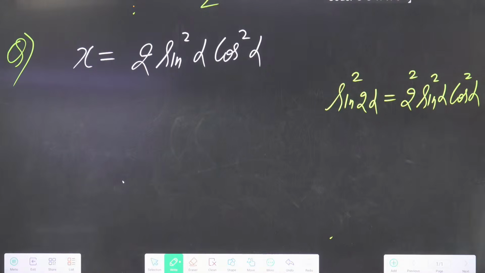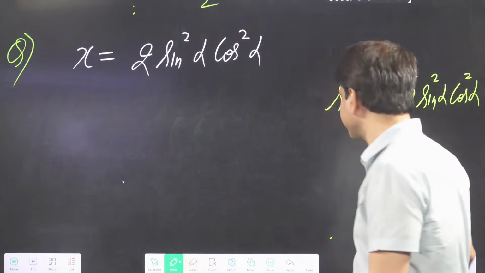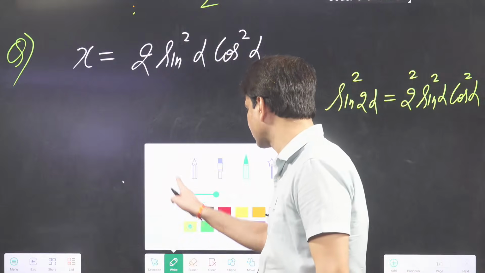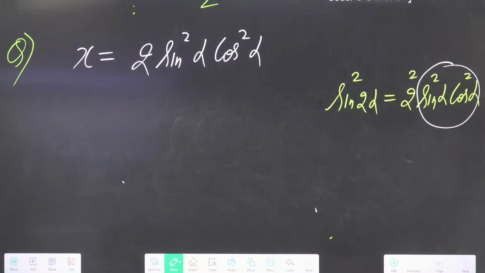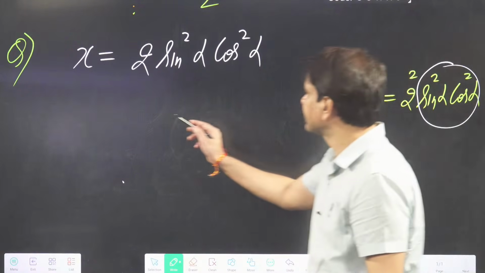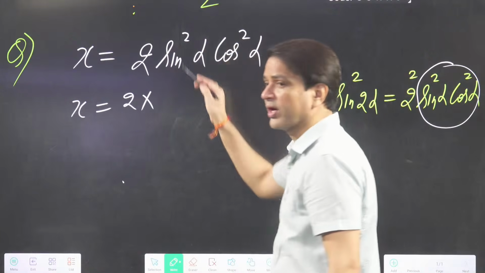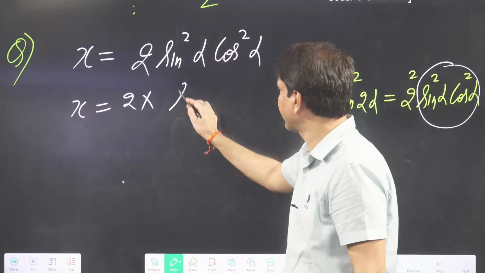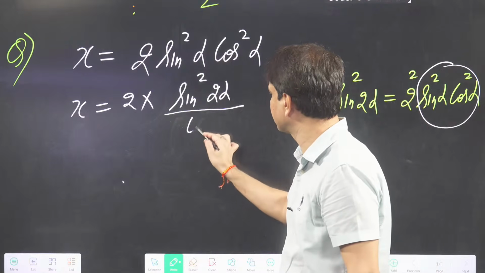Then I got sin square alpha cos square alpha. This is equal to sin square 2 alpha by 2 square, and 2 square is 4. So x is 2 into sin square alpha cos square alpha, which is sin square 2 alpha by 4.